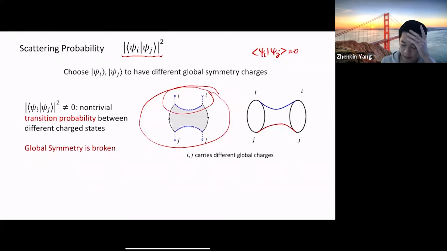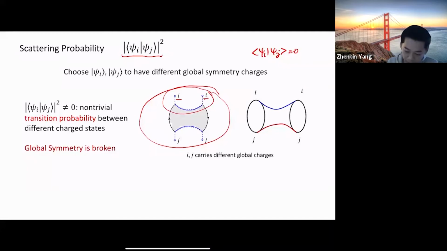Then i and j can carry different symmetry charges. But when we consider this wormhole geometry, i can form a singlet, and j can itself form a singlet. And therefore, the global symmetry will not prohibit you from having a non-zero answer on this geometry.